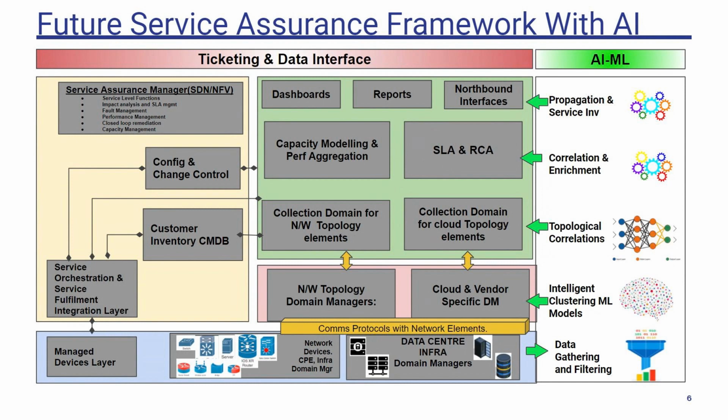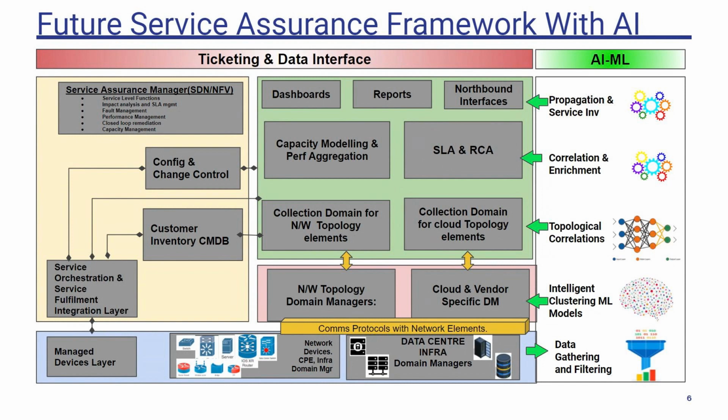With the legacy kind of monitoring systems, only the domains which are monitored as a whole could tell the root cause analysis in a particular domain. So cross domain correlation was not possible. There are certain systems which claim to have domain correlations, but they are still not there. So that is what the topological correlation means.